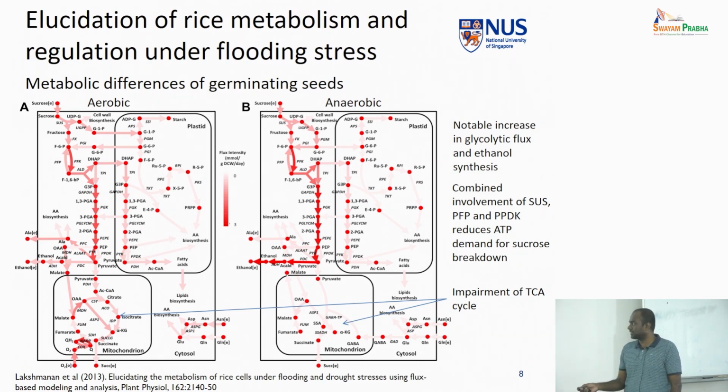So it is not able to respire completely through the TCA cycle. Rather, in the aerobic conditions, a cyclic flux was observed in the TCA cycle. Because of this, it had to rely on the glycolytic fluxes, producing the most amount of ethanol, and it can barely survive. So that's what the plants are trying to do.